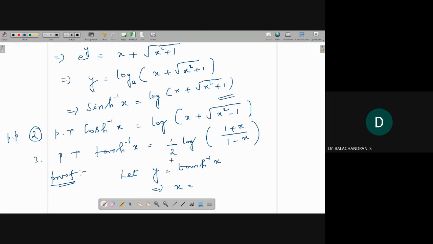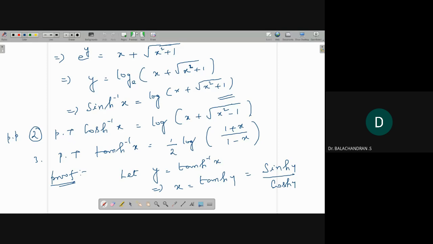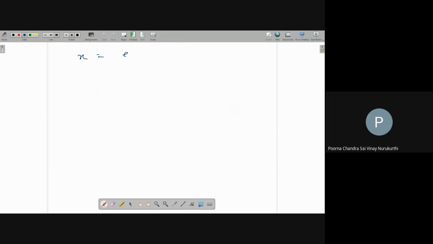x is equal to tanh y. So tanh y is sinh y divided by cosh y. So x is equal to e to the power y minus e to the power minus y, divided by e to the power y plus e to the power minus y.